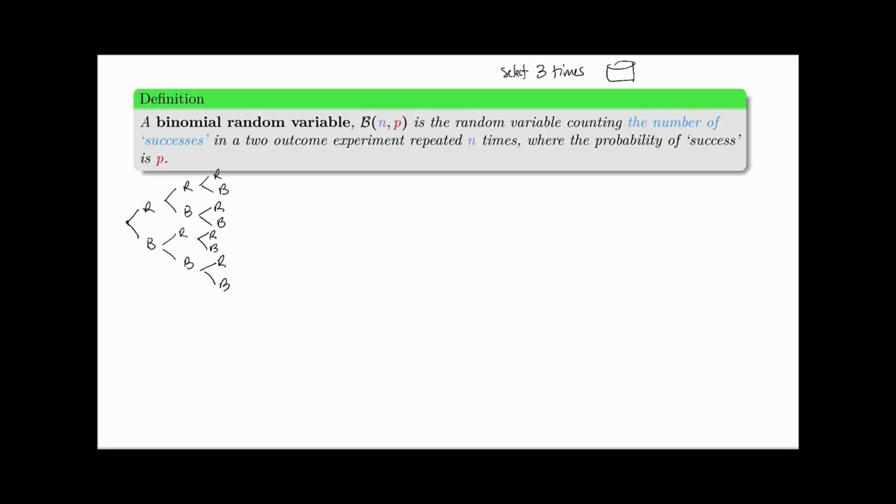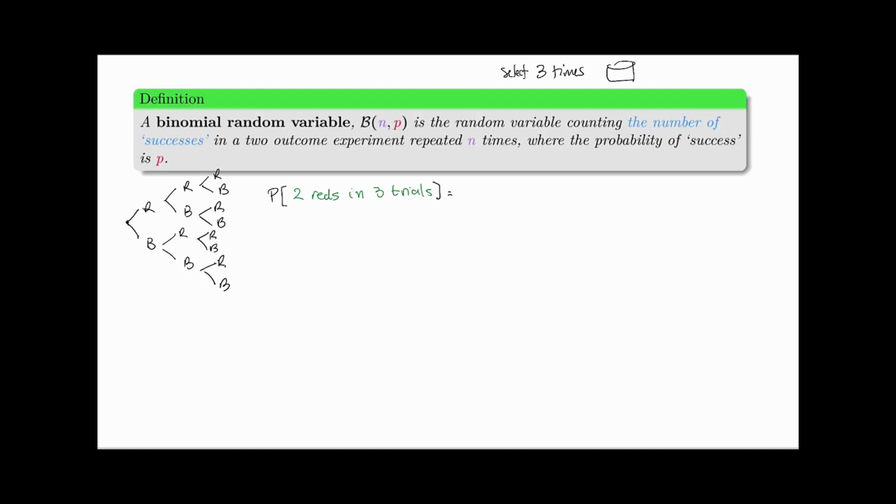For midterm 2, I asked something like this: what is the probability of having 2 reds in 3 trials? If you remember, this is the repeated trials formula.